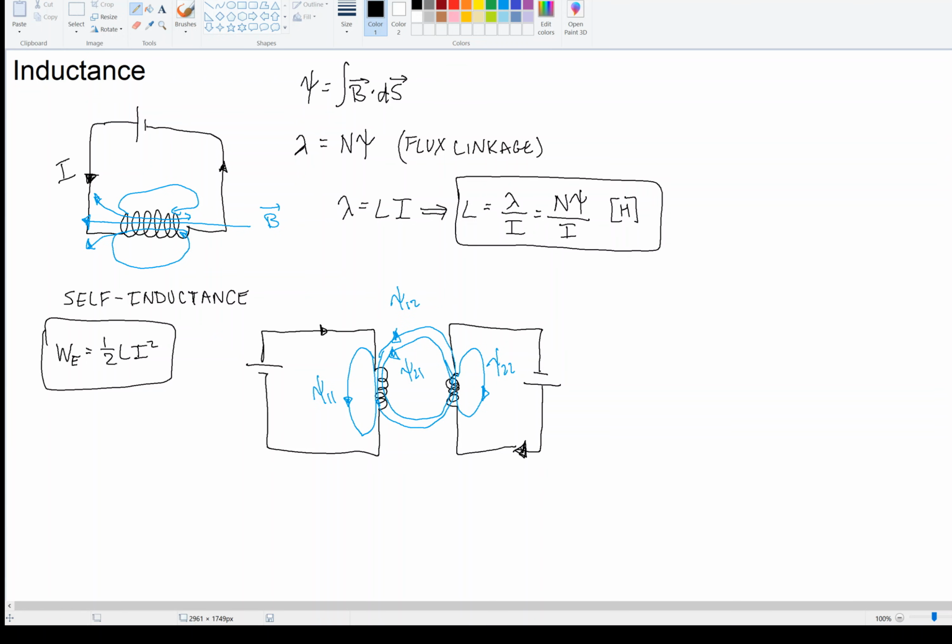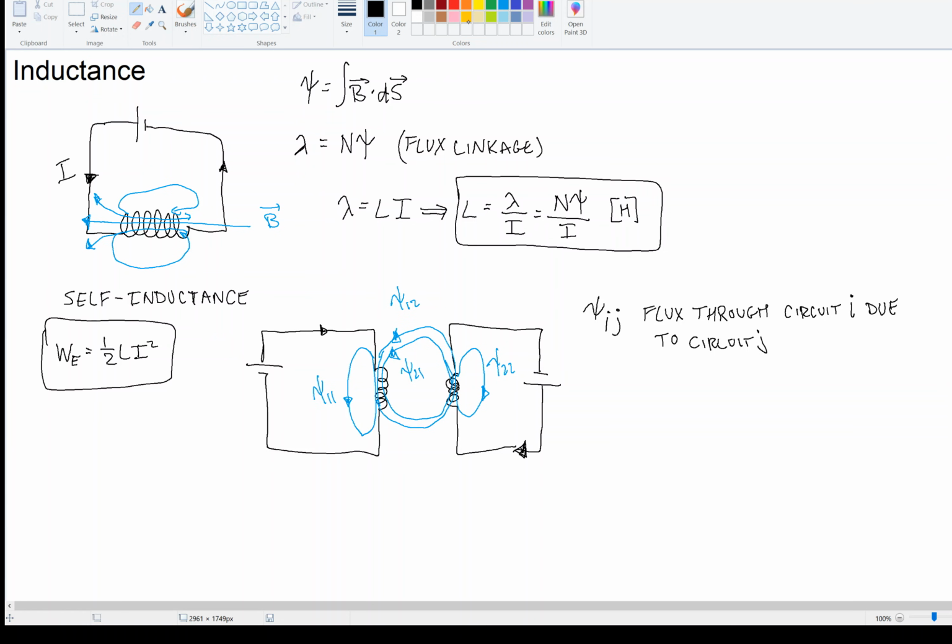So my notation here is that psi I j, we don't have to stop at two circuits, but so I'll just say psi I j is the flux through circuit I due to circuit J. So I may have misspoke before.